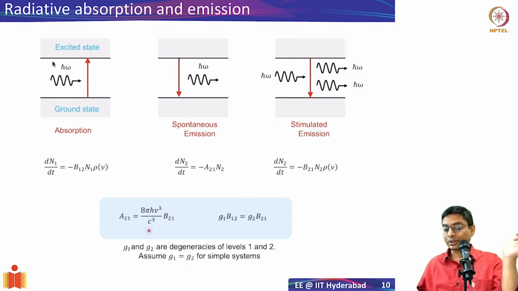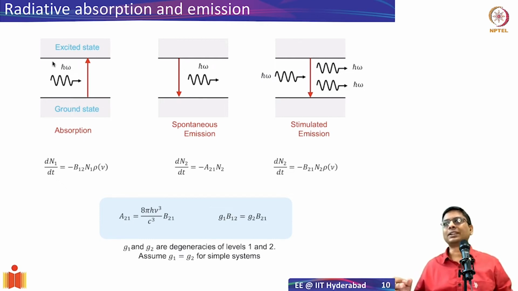And this is a very important thing. If you notice, the spontaneous emission depends on the stimulated emission, but then there is this frequency cube term that comes in. That means that if you try to have higher and higher frequencies, for example compared to red frequencies, I look at blue frequencies. Blue has a higher frequency. That means at higher frequencies, the spontaneous emission is much more dominant than at red frequencies.